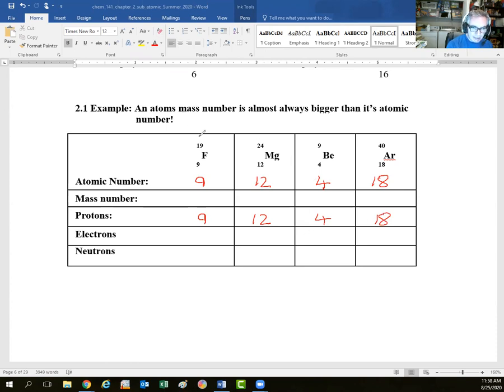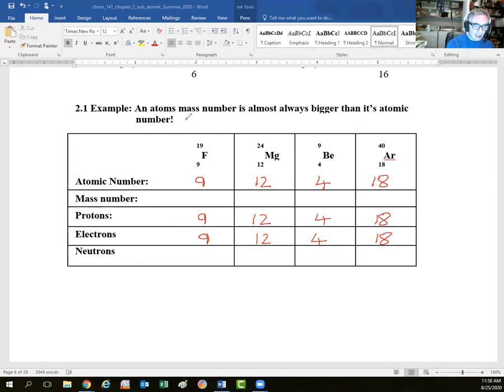And with the atom being electrically neutral, because there's no charge shown (if there's a charge, you have to show that in the chemical symbol), that infers that there are also 9, 12, 4, and 18 electrons.